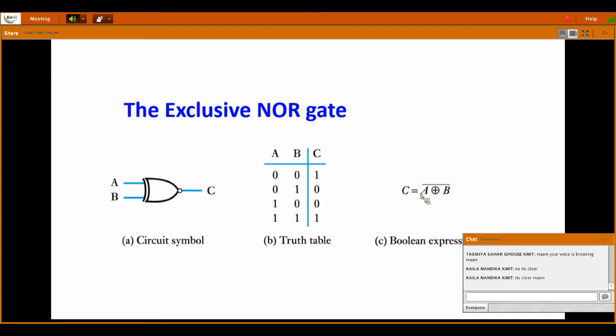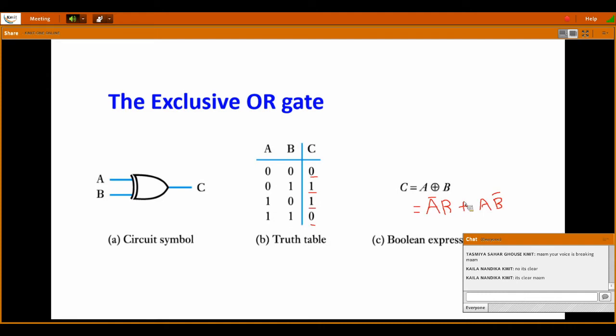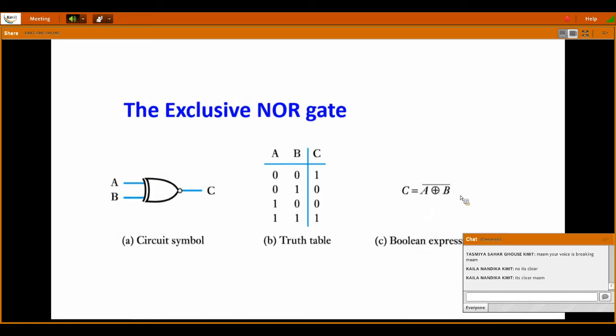Okay, and as a Boolean expression also, it is the opposite of exclusive OR. If it is A, this symbol we call XOR, A XOR B. While the symbol is written like this, when expressing the Boolean expression you simply call it A XOR B. Now the expression for exclusive NOR is A XOR B whole bar. That's all. This is the Boolean expression for the exclusive NOR gate.